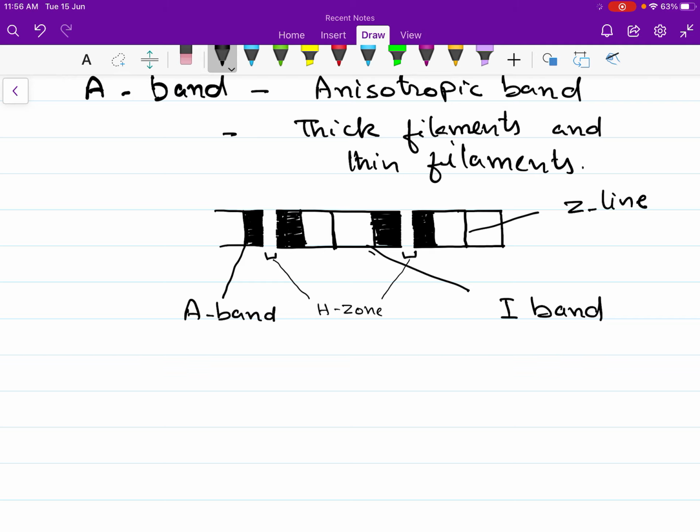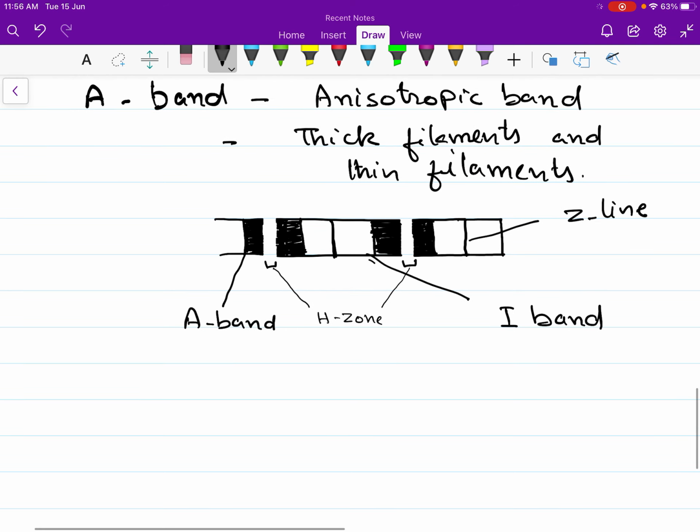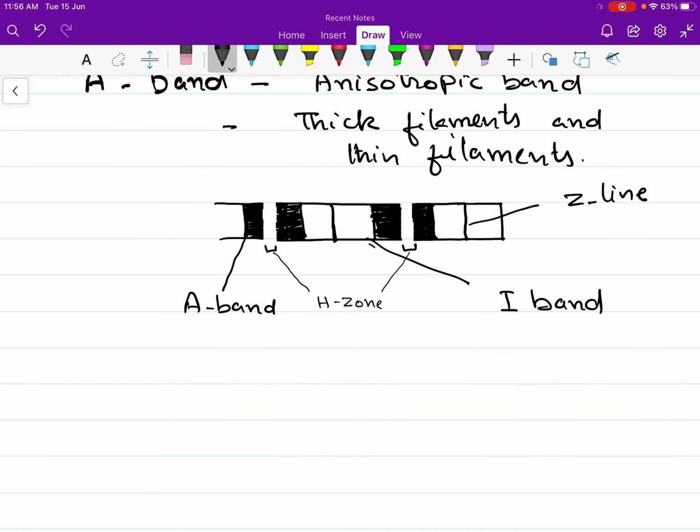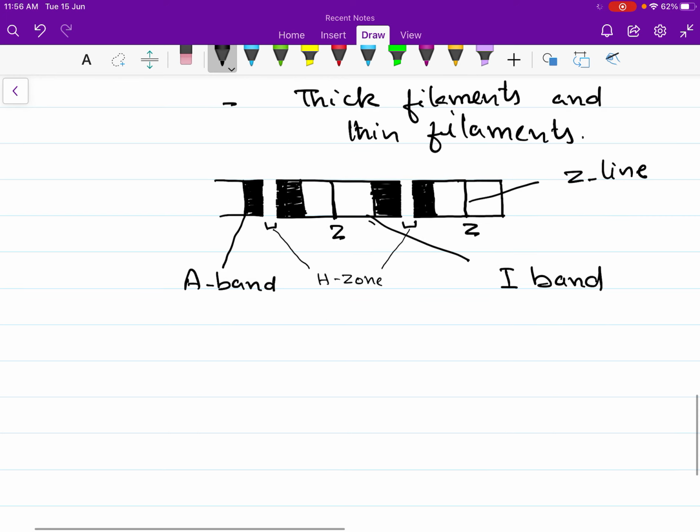Z line, right? The distance between two adjacent Z lines is called the sarcomere. So this distance between the two Z lines is called the sarcomere.